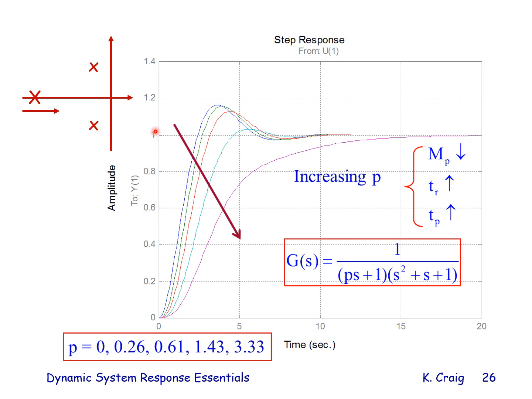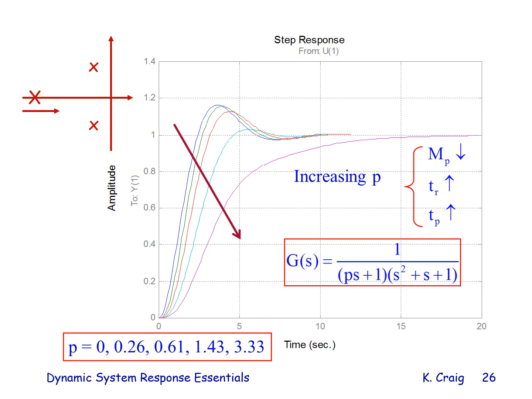Well, as P increases, and this gets closer and closer, the system gets slower: rise time gets larger, peak time gets larger, and overshoot gets less. So it overshoots less, the peak time is higher, and the rise time is higher. It's a slower responding system.